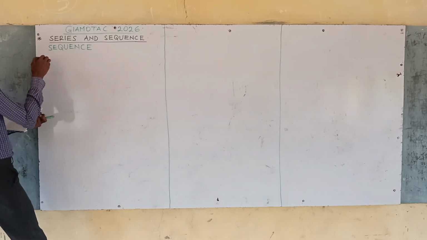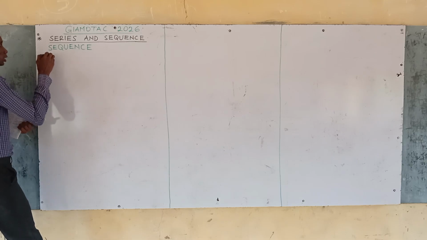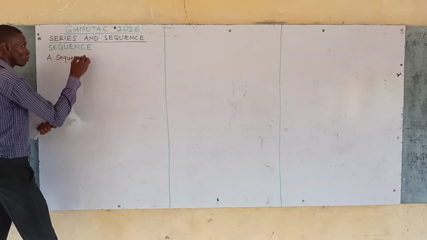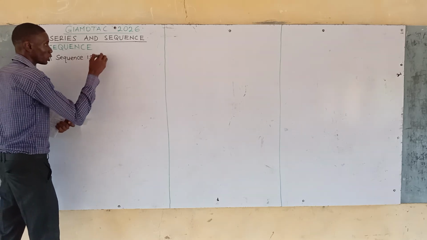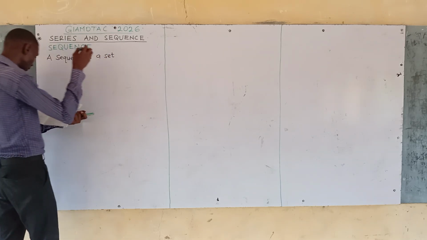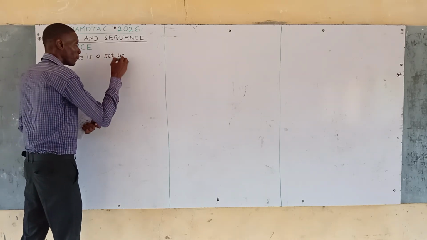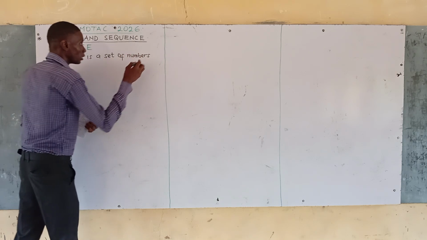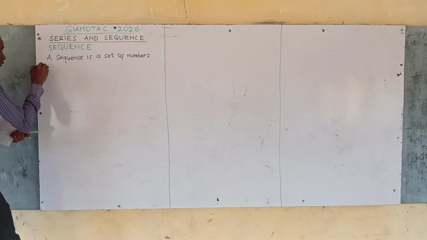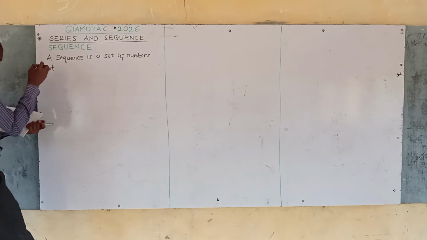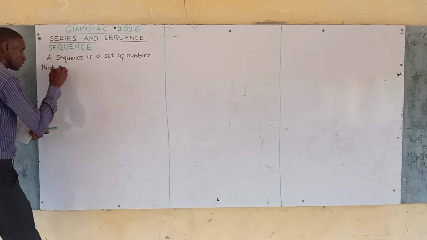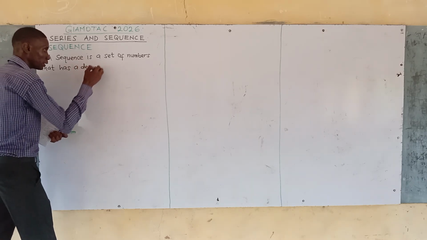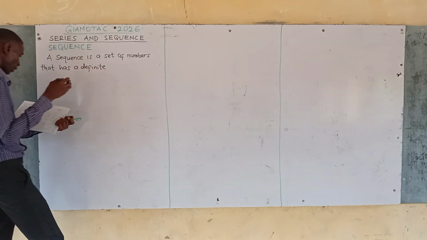As I said earlier, a sequence is a set of numbers that has a definite order. It's the same thing as a pattern.